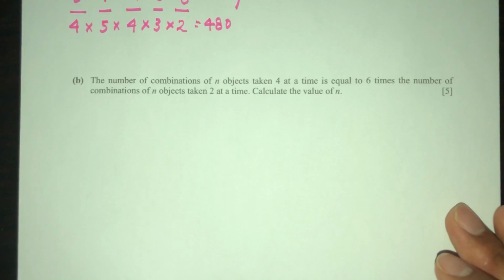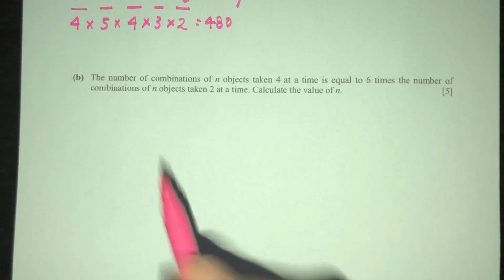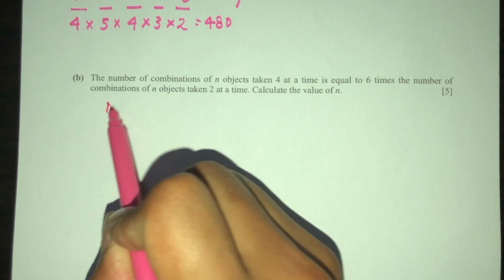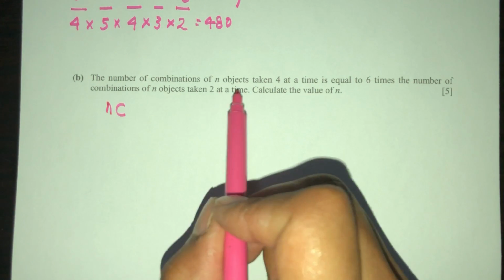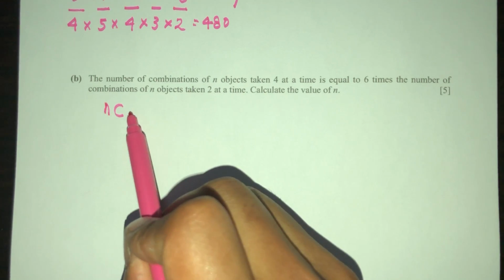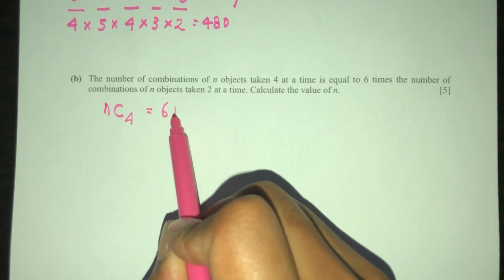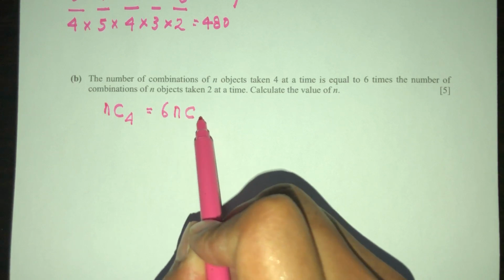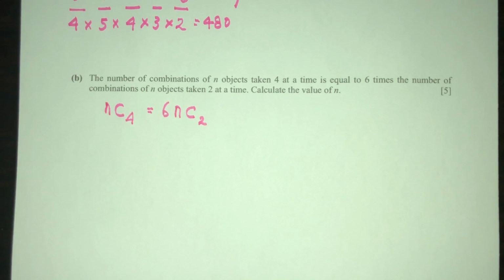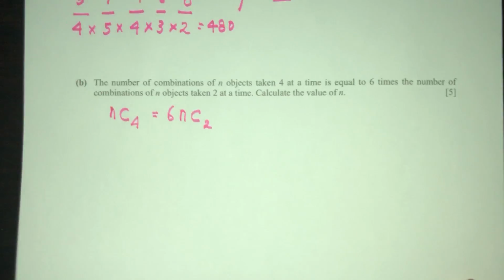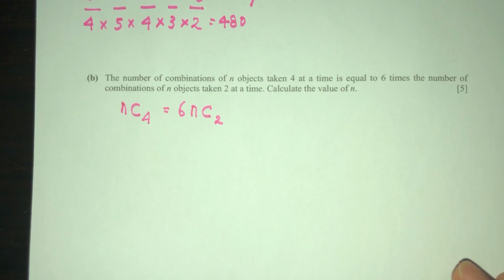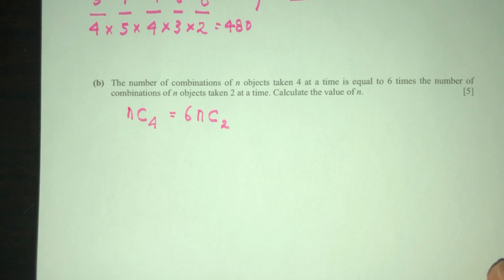Now for part B, the number of combinations of n objects taken 4 at a time is equal to 6 times n objects taken 2 at a time. So we have this equation, solve for the value of n. So one by one, what is this? This is given to you from your list of formulas, I believe. We can have a look over here, right? So you can see we have this right here.